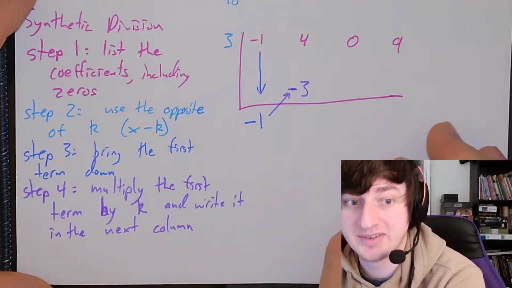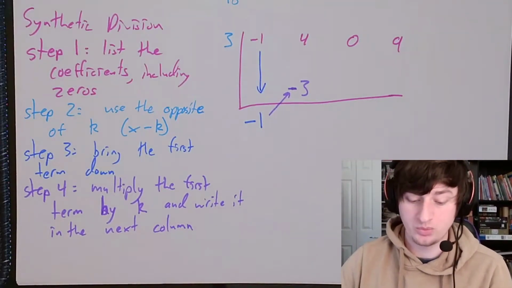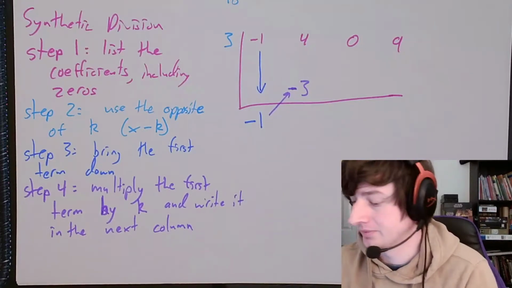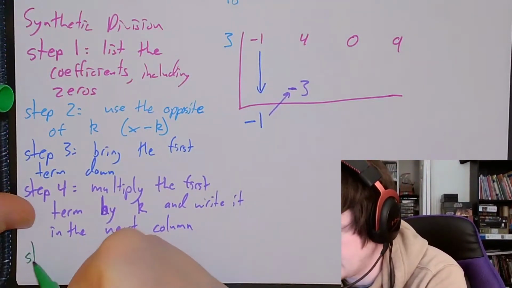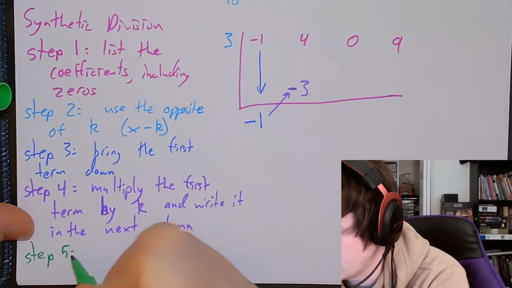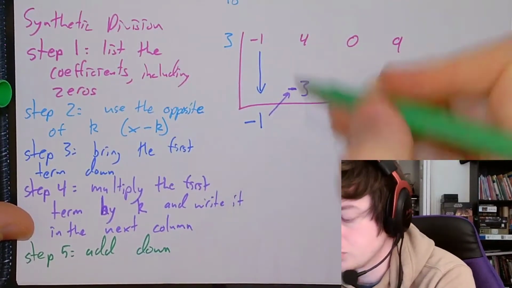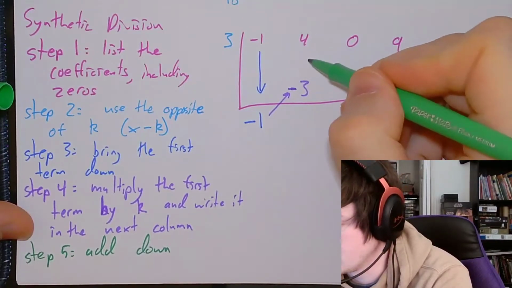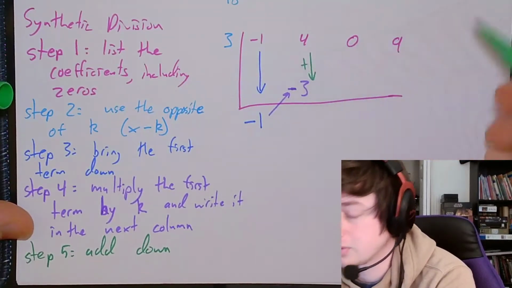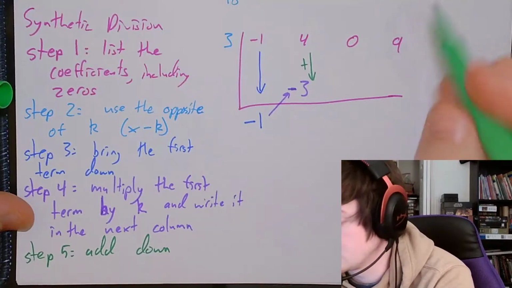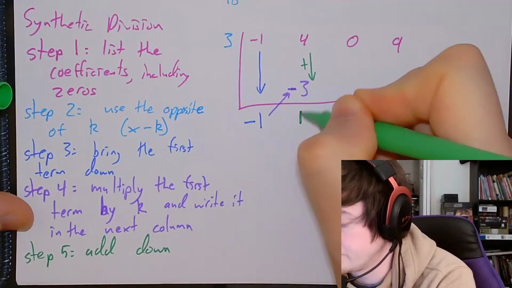Then we add down. So now we just add, step 4 is add, or step 5, sorry, add down. So 4 plus -3 gives us 1.